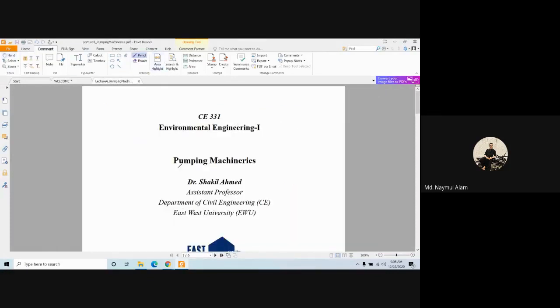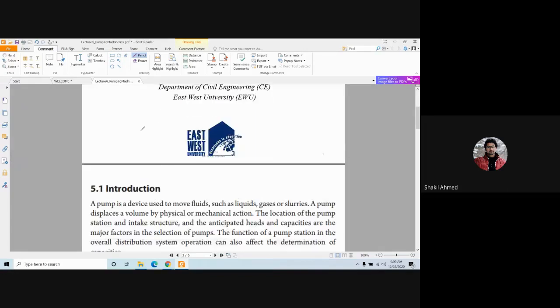Okay, pumping machineries. We have to use pumps for a multitude of reasons, for example, to extract water from an aquifer, to supply water to an elevated location. So I will discuss very briefly the pumping machineries.